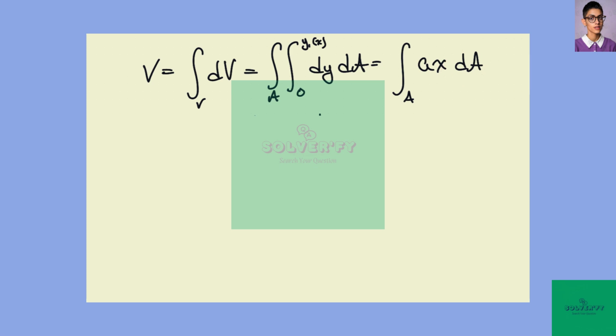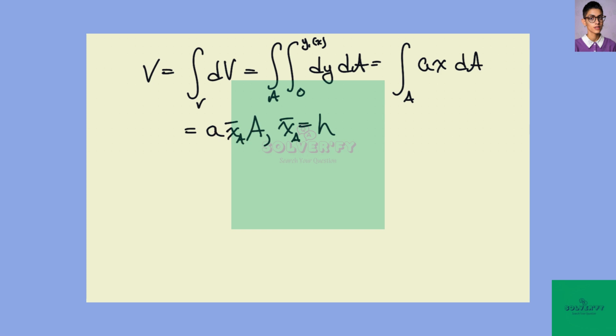Well, that is simply, we can pull the a out here, and x dA is simply x bar of the area of the ellipse, times the area of the ellipse. Okay, it's just by the definition of the centroid.